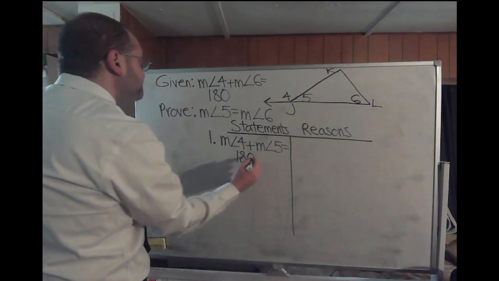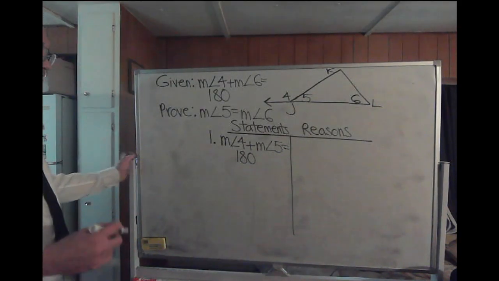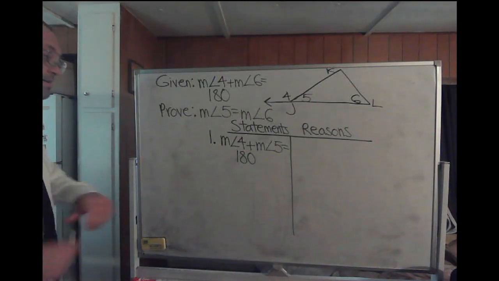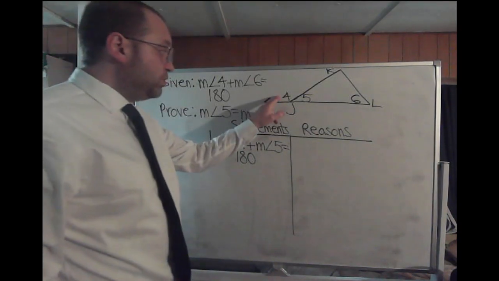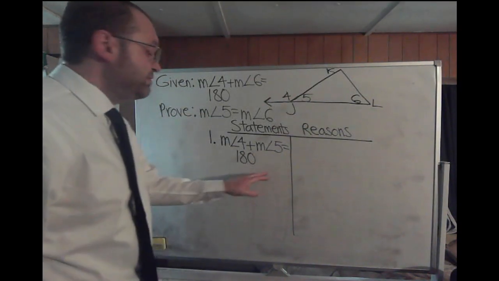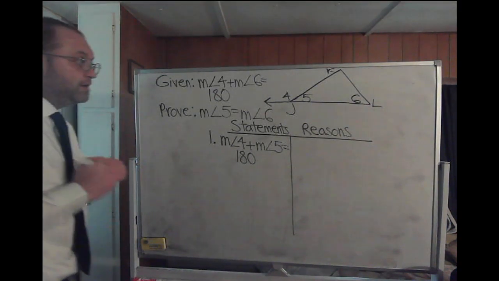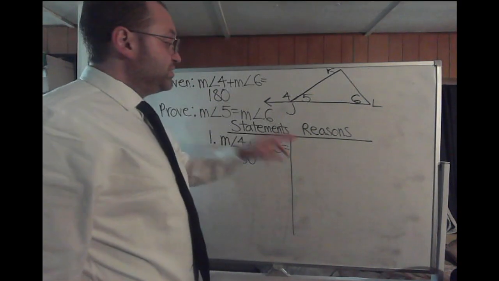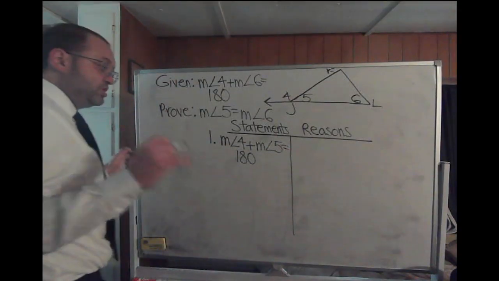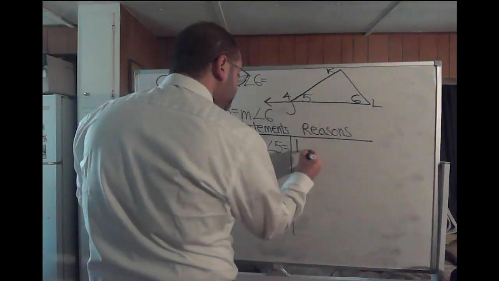So we have here the measure of angle 4 plus the measure of angle 5 equals 180. Where can we come up with that? Well, remember the angle addition part of the postulate, the second part of that?